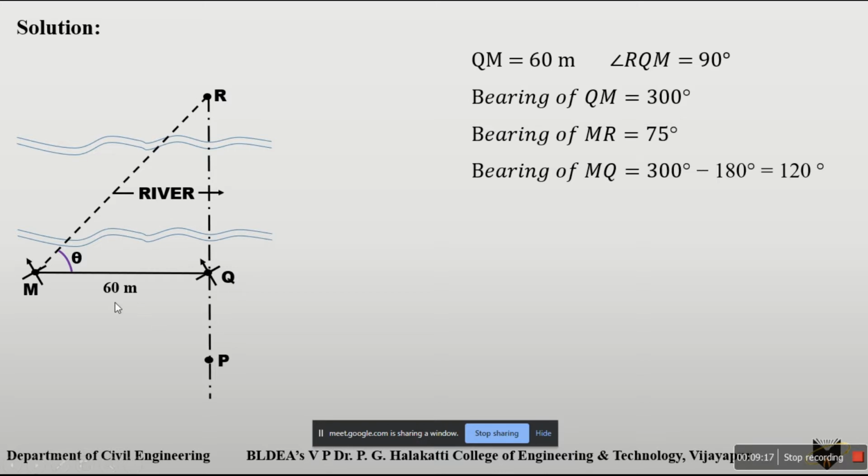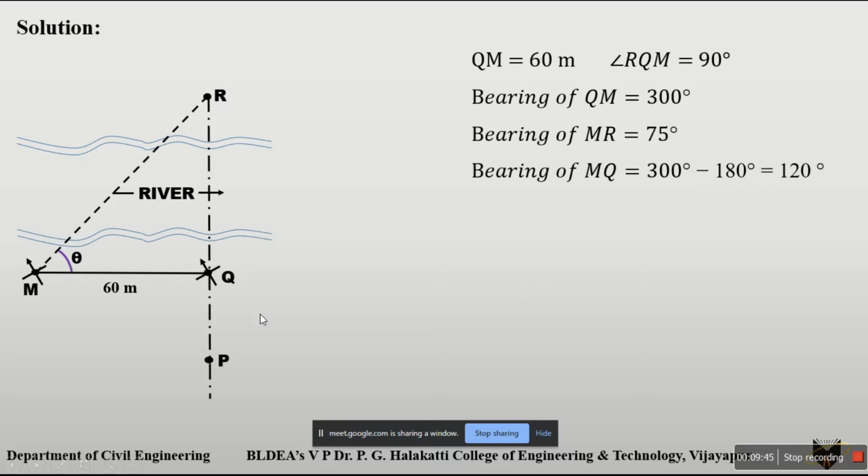For finding the back bearing, you must remember that whatever the fore bearing is, for example Q point to the M point, if it is more than 180 degree, you can use minus 180 degree for finding the back bearing of MQ. If the bearing is less than 180 degree, you have to add plus 180 degree.